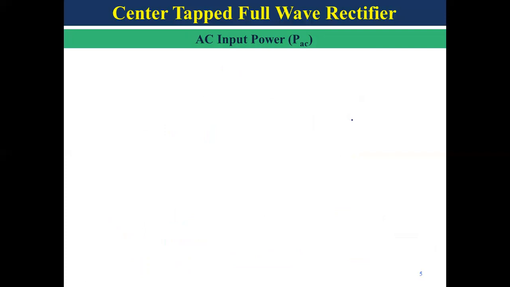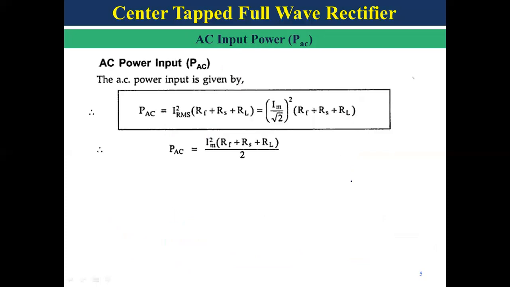AC input power. Now I am trying to calculate what is the input power supplied to the center tapped full wave rectifier. So AC input power PAC equal to, again by using the general equation V into I we can calculate. So very clear, V equal to IR. So you can substitute IR in place of V, then we are getting I square into RL.